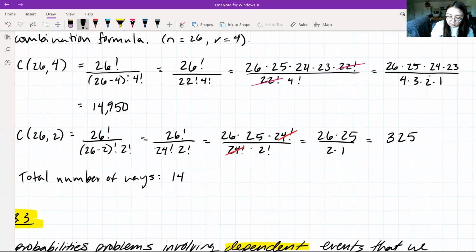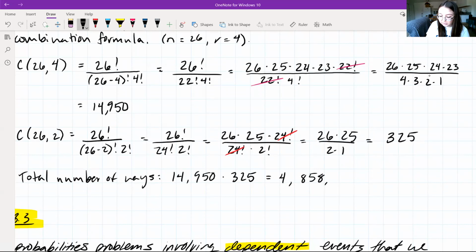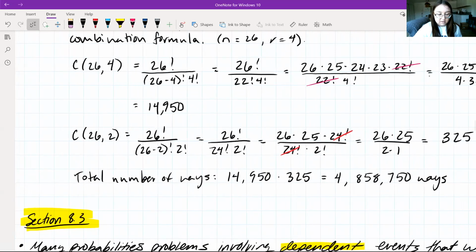So this is going to be 14,950 times 325, and this is going to give us 4,858,750 different ways that we can choose 4 black cards and 2 red cards. All right.